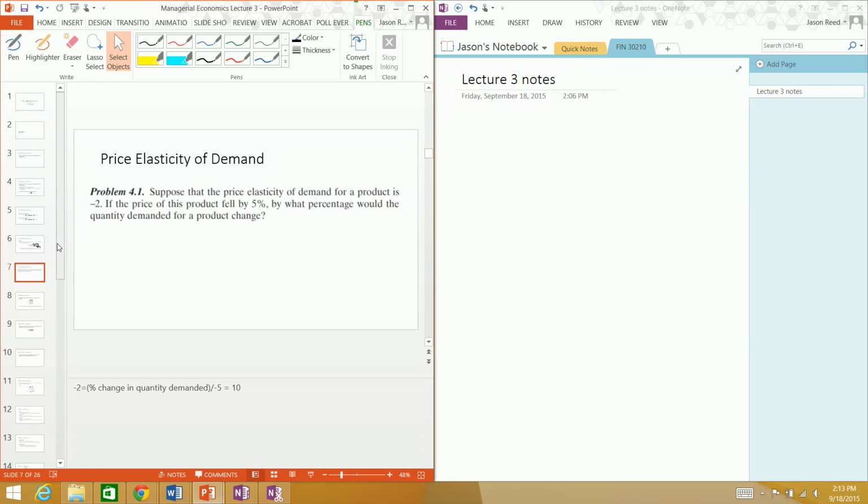So suppose the price elasticity of demand for a product is -2. We know from the previous formula that's the percentage change in the quantity demanded over the percentage change in price. Well, we're saying that -2 is equal to the percentage change in quantity demanded over -5 in the denominator.